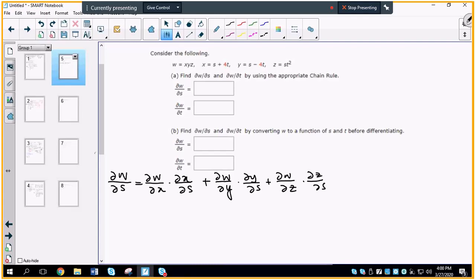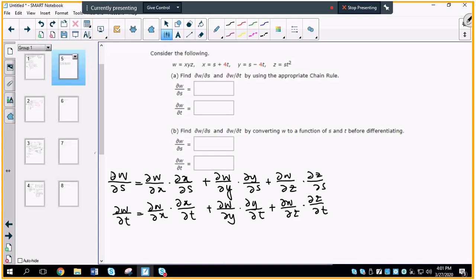Of course, the other one is finding del w del t, and it will be pretty similar: del w del x, except this time you are deriving your variable x with respect to t, plus del w del y, and you derive y with respect to t, plus del w del z, and you derive the variable z with respect to t.